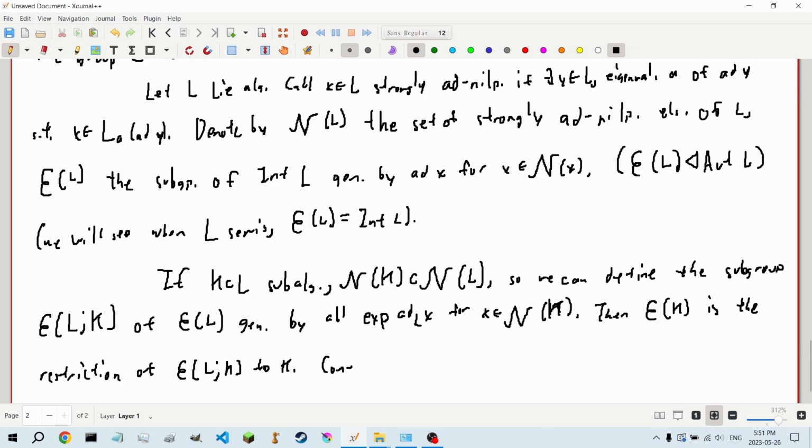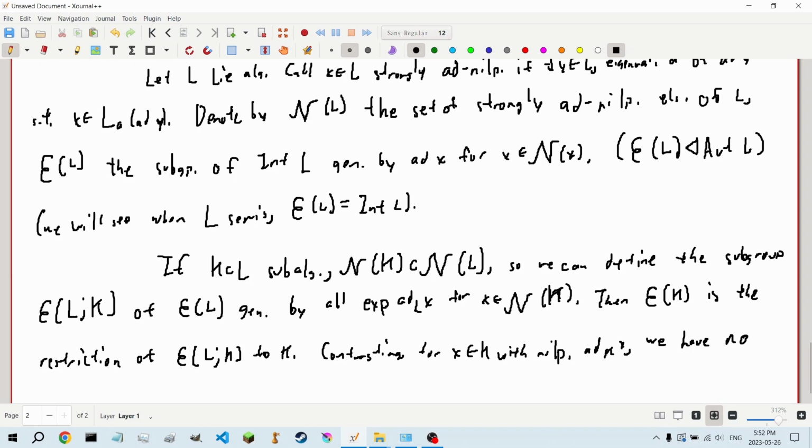By contrast, for X in K with nilpotent adjoint in X, we have no, oh, there's a bird outside.